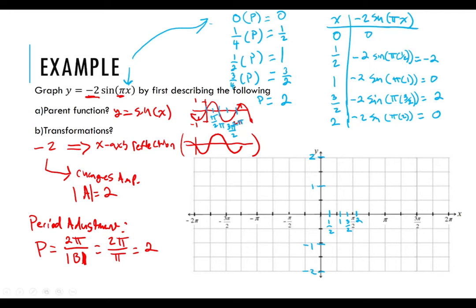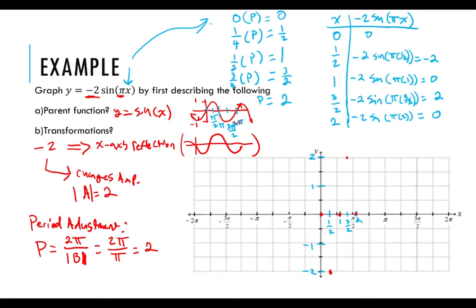Then when I graph this, notice that when I plugged in 0, I got the ordered pair 0, 0. And so I have a point here. Then at the point 1/2, I got -2. Then at the point 1, I got 0. Then at the point 3/2, I hit a peak again, and that's at +2. Then at 2, I got 0.